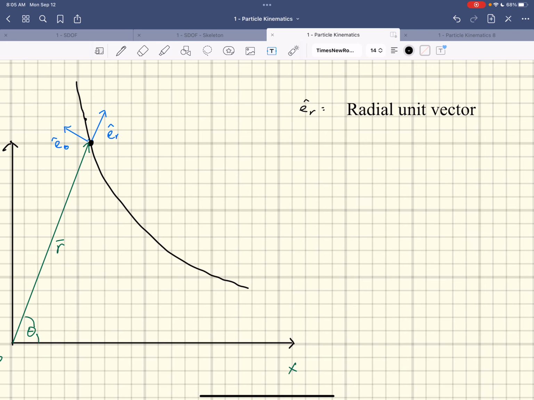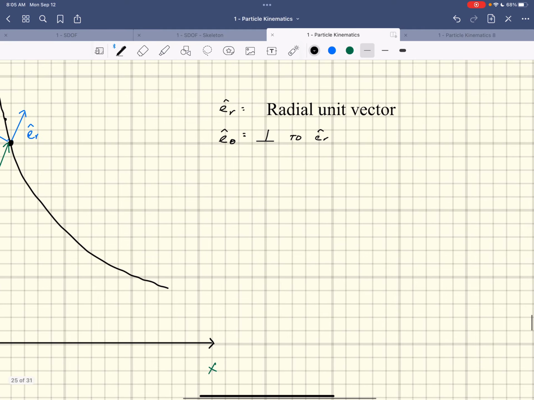And e_theta hat is perpendicular to e_r in the direction of increasing theta.